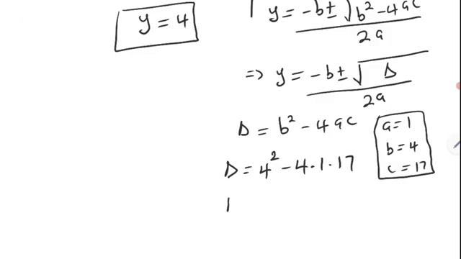Then d is equal to 4 square, that is 16, minus 4 times 1 times 17, that is 68. And of course, 16 minus 68 is less than 0. So this is rejected.